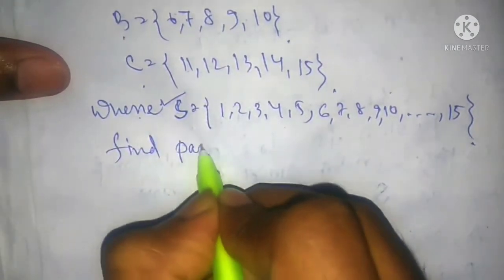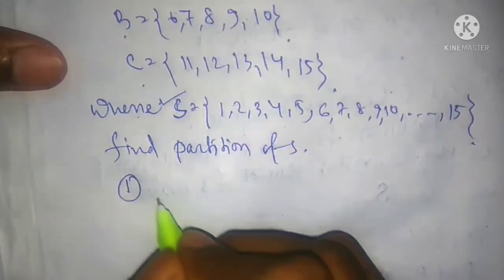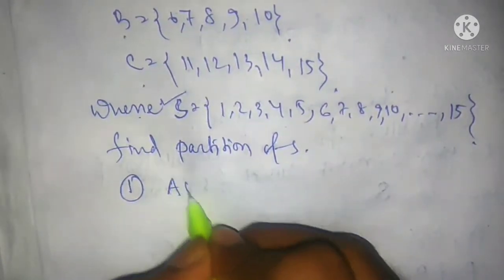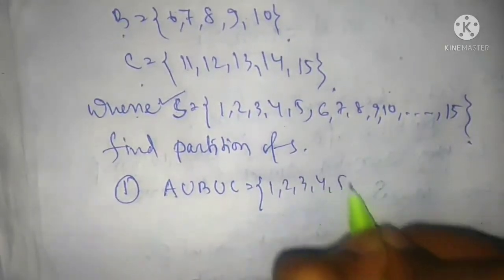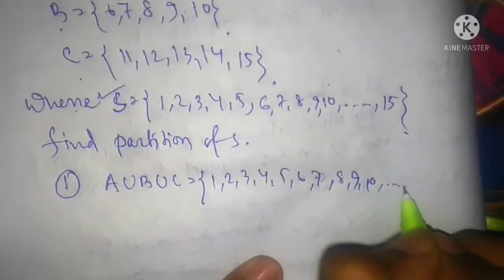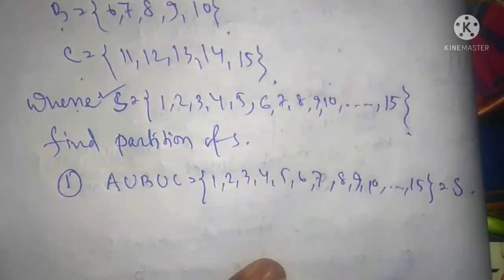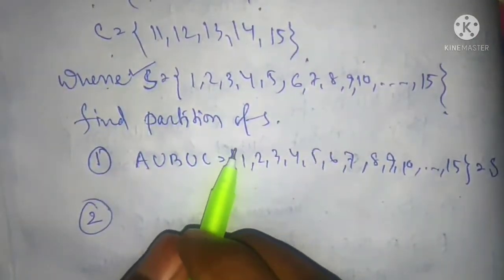So we find the partition of S. We first check that A union B union C equals 1, 2, 3, 4, 5, 6, 7, 8, 9, 10, up to 15, which is exactly S, so the first property holds. The second property is that either they are identical or they are disjoint.